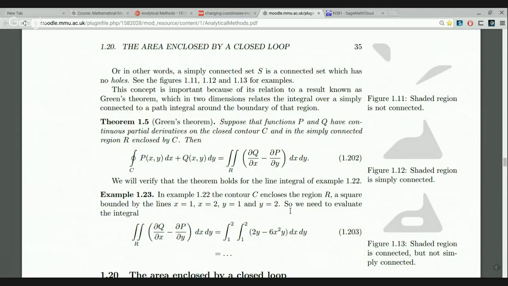Then on the right-hand side, we've quite a different integral, the double integral over the interior of the curve C. And you're integrating this difference of partial derivatives, dq/dx minus dp/dy. Okay. So it provides for us the link between the behavior of functions on the boundary of a region and the behavior of functions when you sum up the behavior of related functions, these partial derivatives, across the whole region itself.